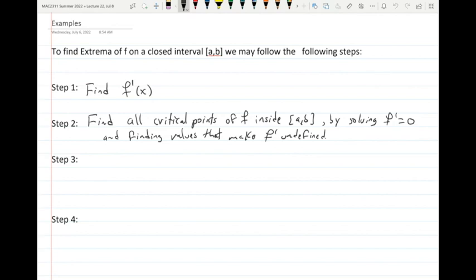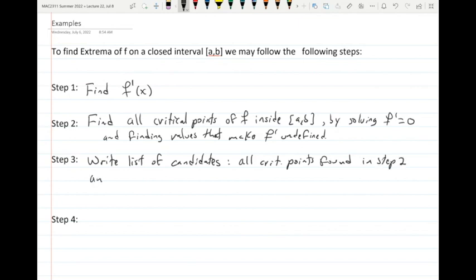After you do this, write your list of candidates, and these are all critical points found in step 2 and also the endpoints of the interval, which in this case would be A and B.